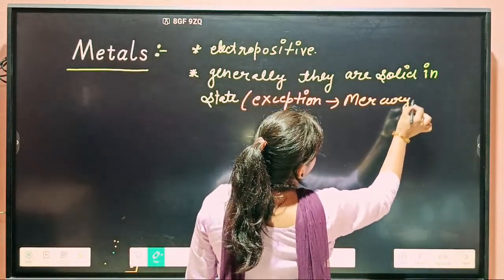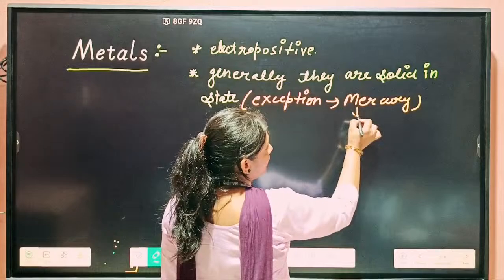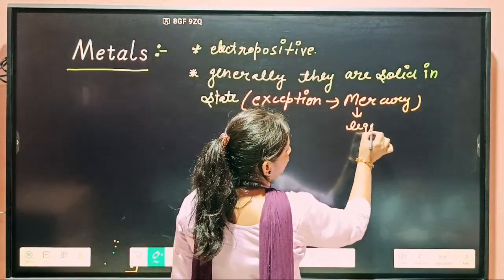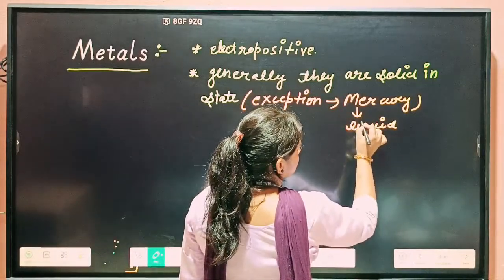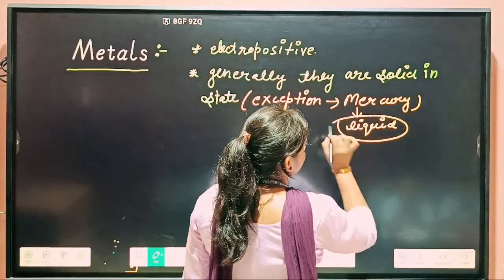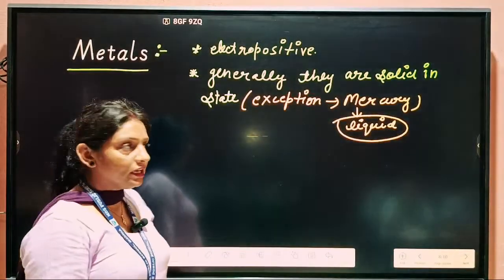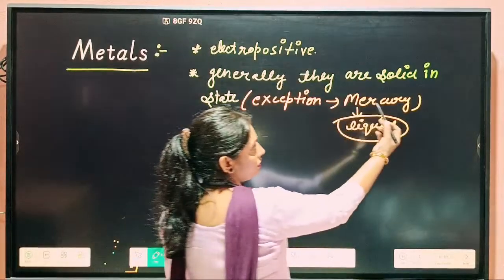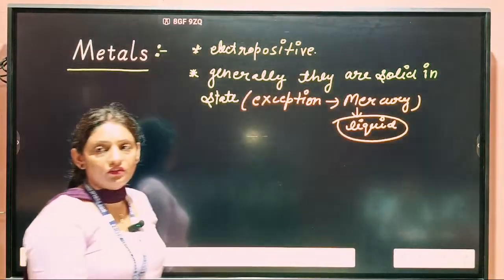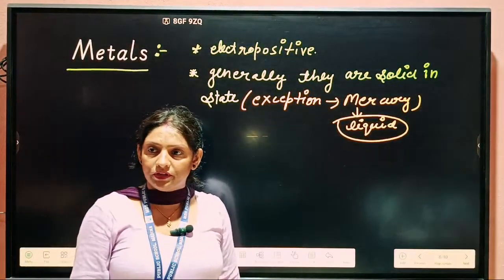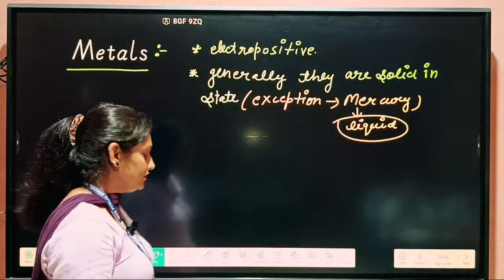Mercury is the metal which exists in liquid state even at room temperature. Generally all metals are solid, but mercury is the exception.